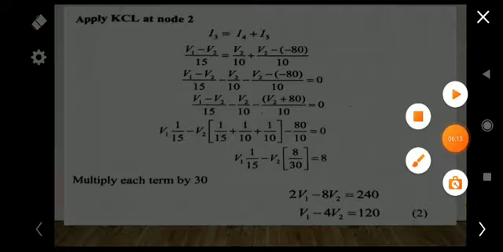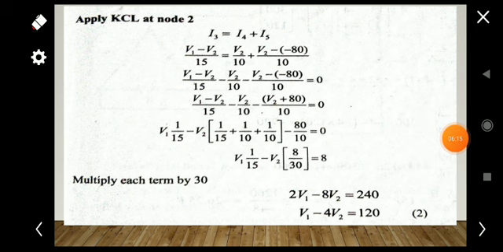Okay, and the equation is I3 is equal to I4 plus I5, and we have just substituted the equations here and solved the equation as V1 minus 4V2 is equal to 120. Here also you can use any method for solving the equations, and we have to obtain the standard equation, V1 minus 4V2 is equal to 120.